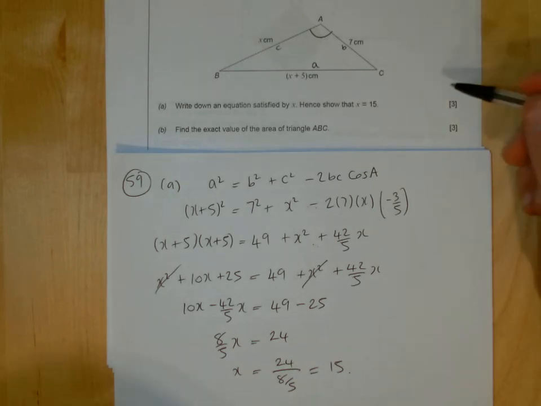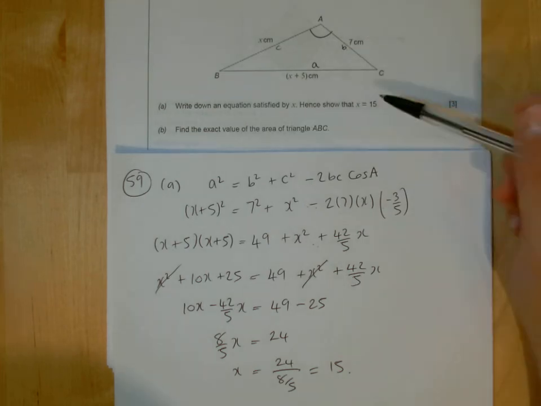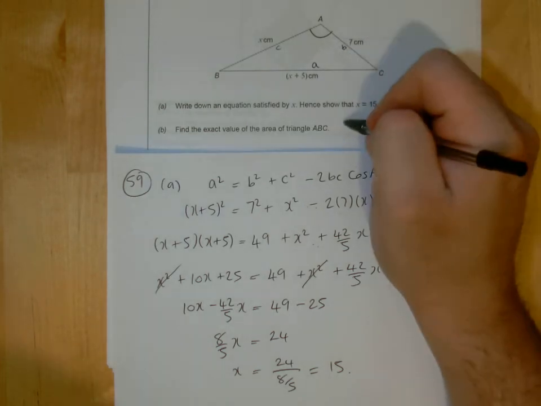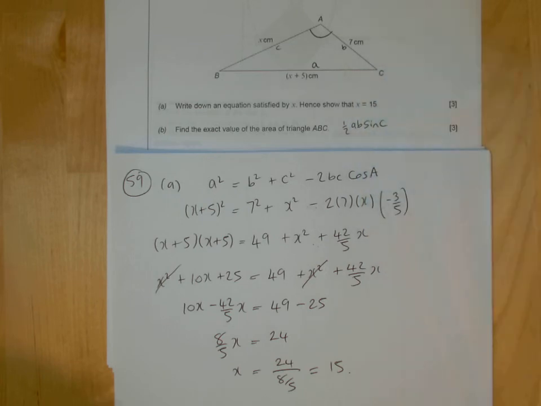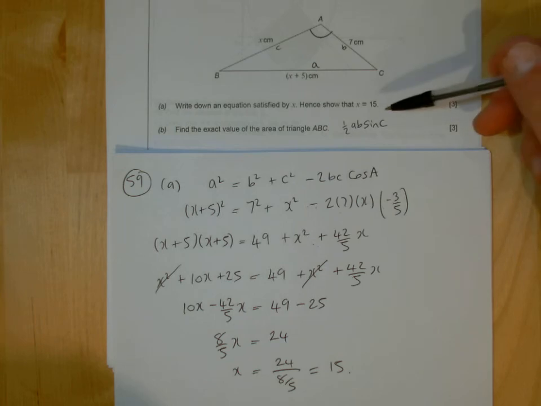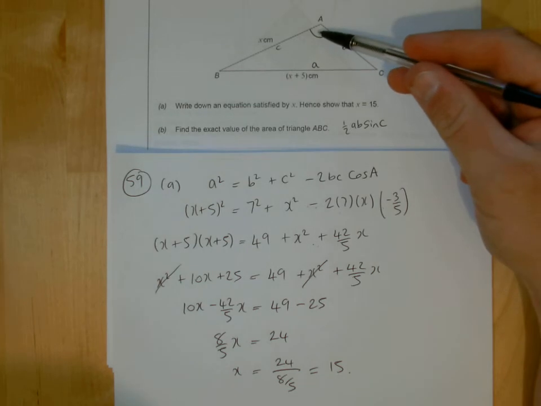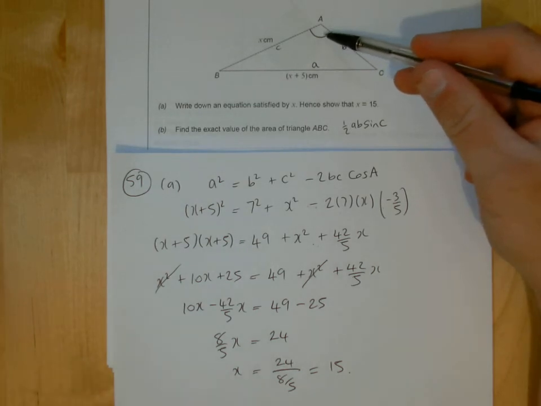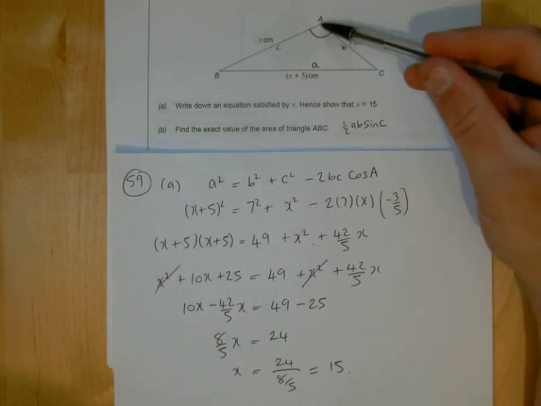Exact area, well, remember we use the rule, don't we? Half ab sine C. Now that can be adjusted, can't it, based on whatever angle we've got. Now we've got that angle, and we know it in terms of cos, so we could use that as angle A there.